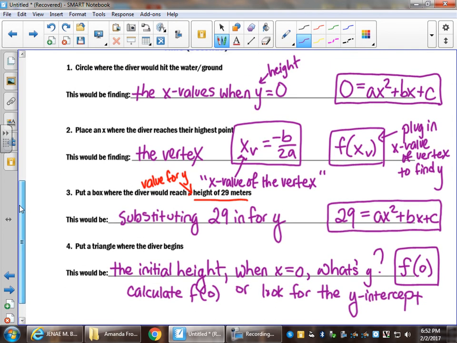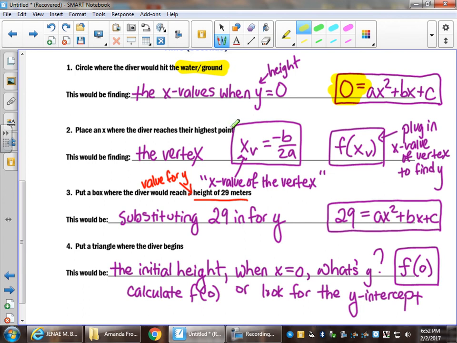So take a second to look at the big picture. Over the next couple of days, we will actually be practicing all of these parts. So I'm going to take out a highlighter, so if you want to pause the video, press the space bar, pause, and go grab a highlighter. If I'm asked to find when something or someone hits the water or the ground, we are setting the quadratic equal to 0.